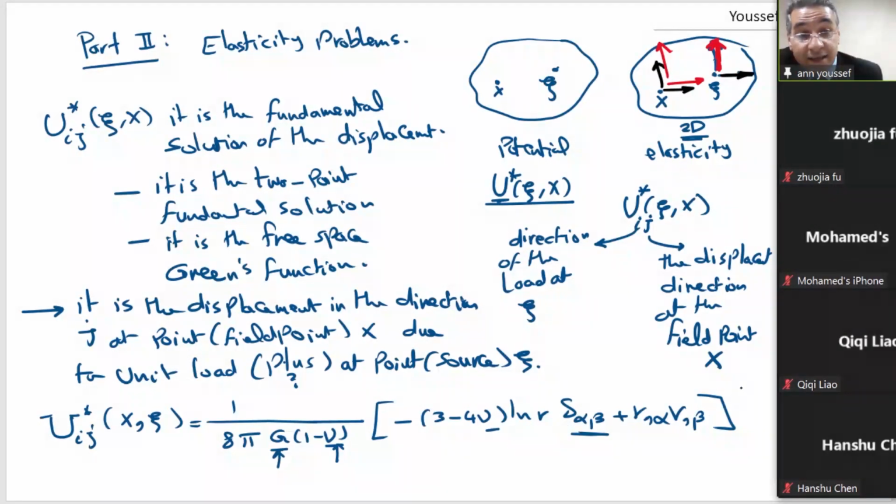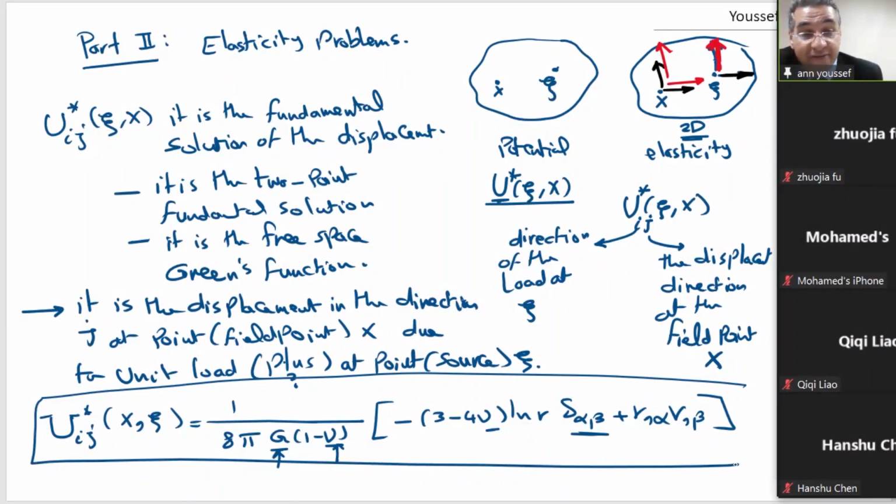This fundamental solution is named after Lord Kelvin, the Kelvin fundamental solution. Lord Kelvin's actual name is William Thomson; it seems that in England they changed his name when they gave him the Lord title.